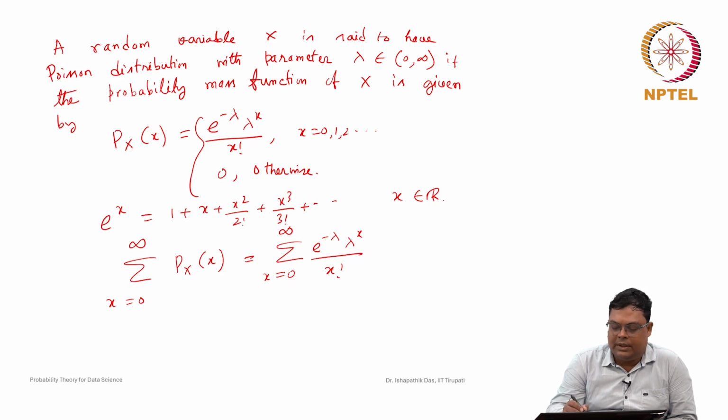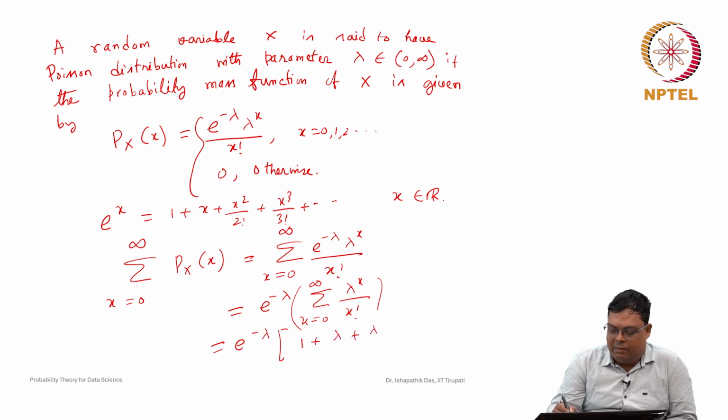Now, e to the power of minus lambda we can take common. So, the summation of x equal to 0 to infinity of lambda to the power x by x factorial is e to the power of minus lambda times 1 plus lambda plus lambda square by 2 factorial plus lambda cube by 3 factorial, and so on.